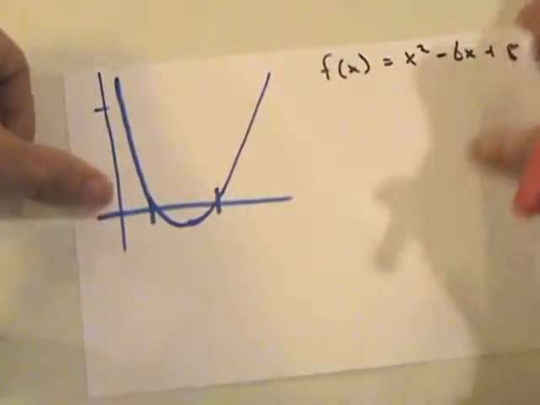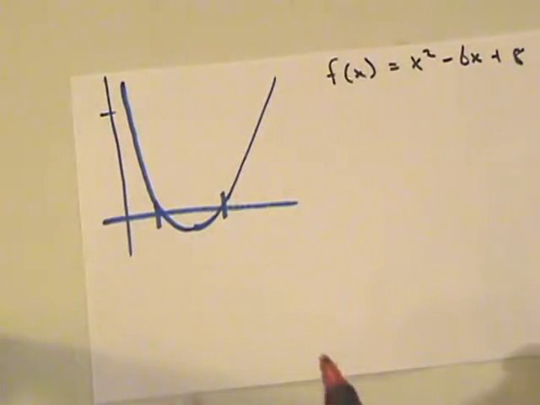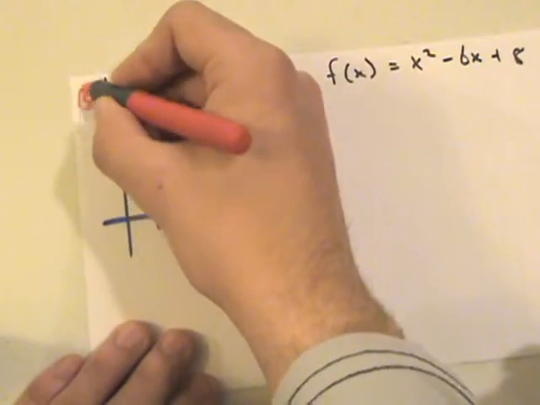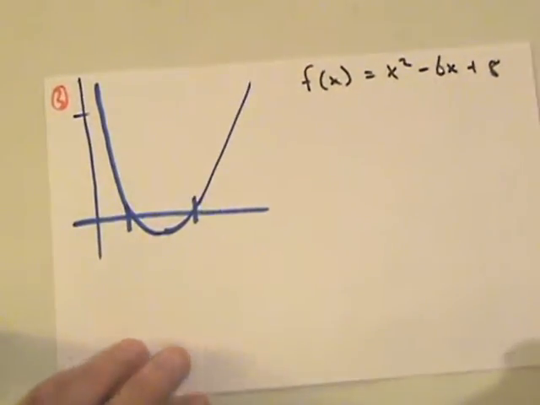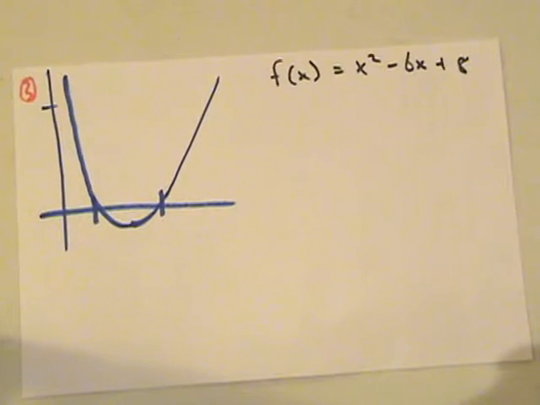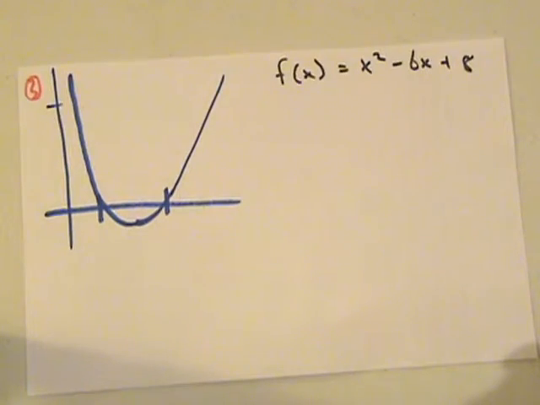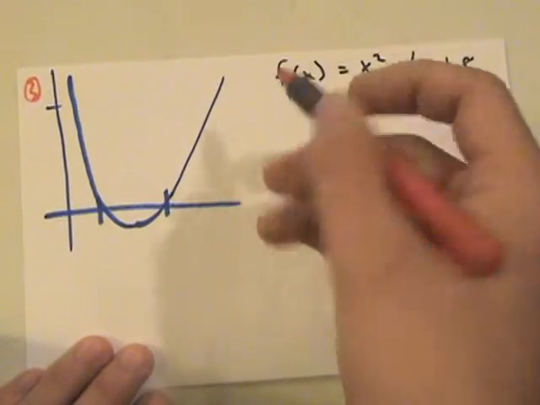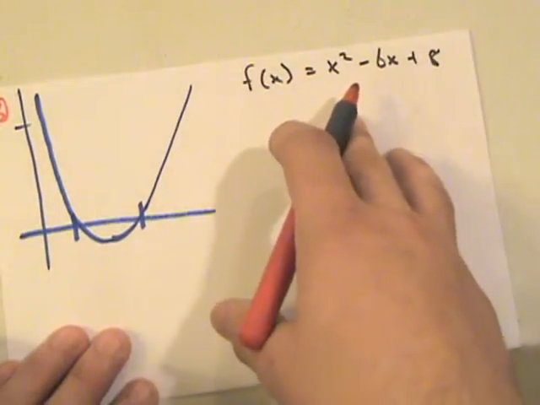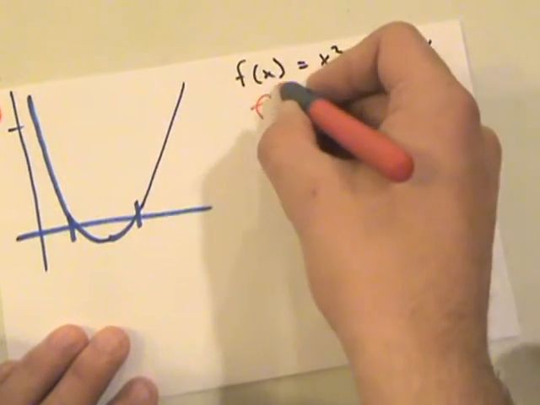Okay, so this is number 3 of section 3. What they're asking us to do is identify whether it's increasing or decreasing in the intervals where it is. So first we just have to find the derivative.